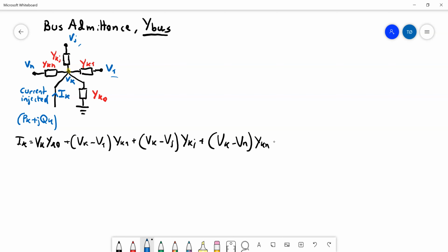Of course, this is generic, so you could just dot it. It will continue like this, depending on how many nodes are connected to this.